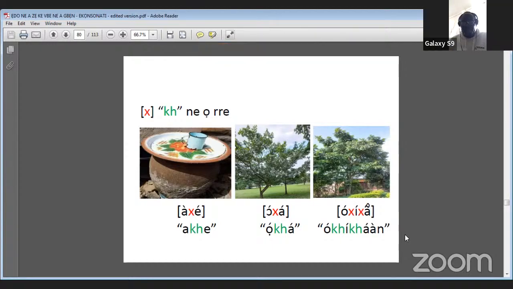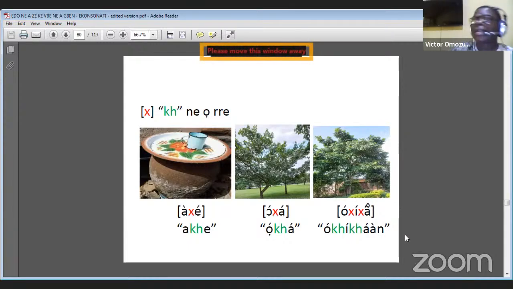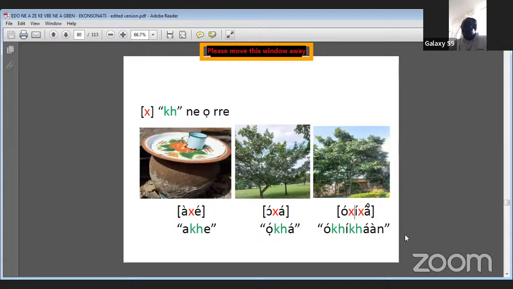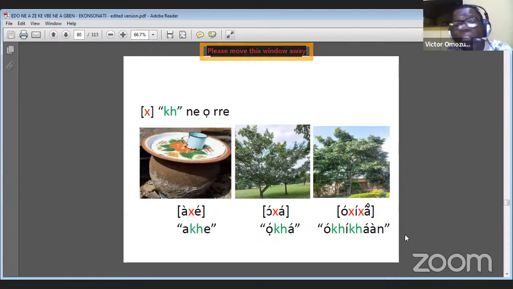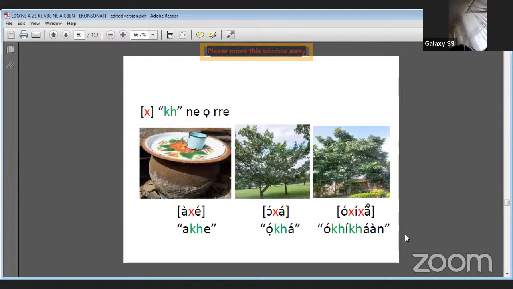That's for Edo. But in the pronunciation, it's a single R sound with a falling tone. That is why spoken words are different from the way they are written. But in Edo, we try as much as possible to make sure they are as close as possible.